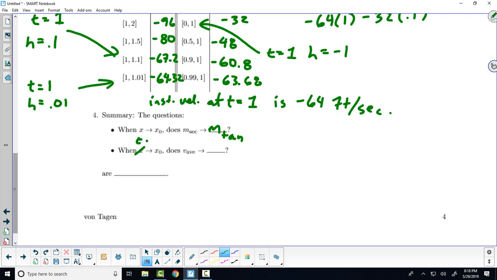As t approaches t naught, as the time values got closer to some fixed time value, we saw that the average velocity approached the instantaneous velocity in the instance that we looked at. In answering these two questions, we're really answering the same question. These two questions are identical. Does that make sense? These two completely different questions, our procedure was the same.